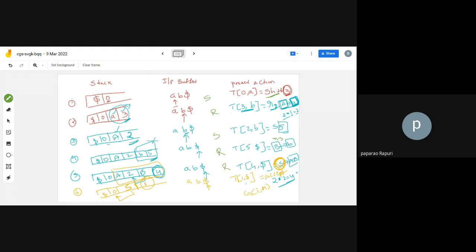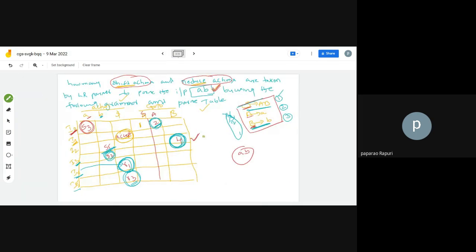So finally, 2 shift operations and 3 reduce operations are taken to accept the given string with the given grammar and given parse table.